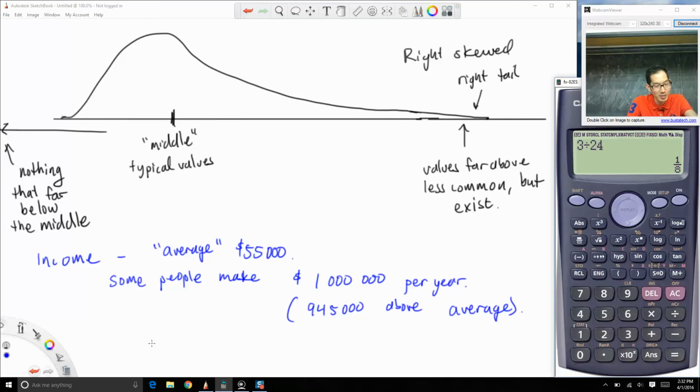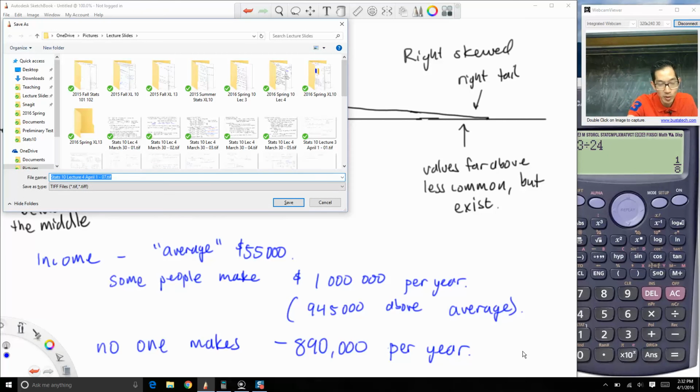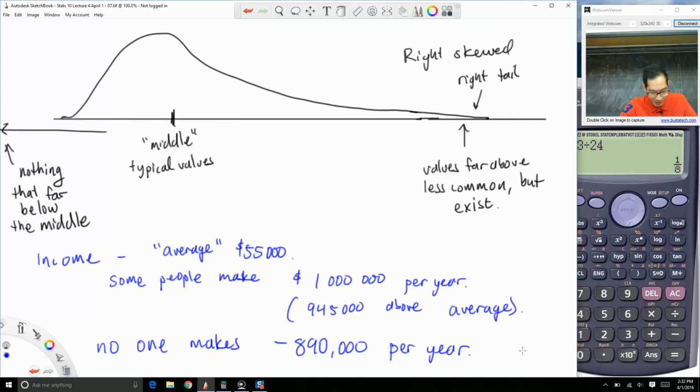Okay, so I'll write no one makes negative $890,000 per year. Yeah, you might have people in debt, but they are not getting paid debt, okay? So that's what we have there.